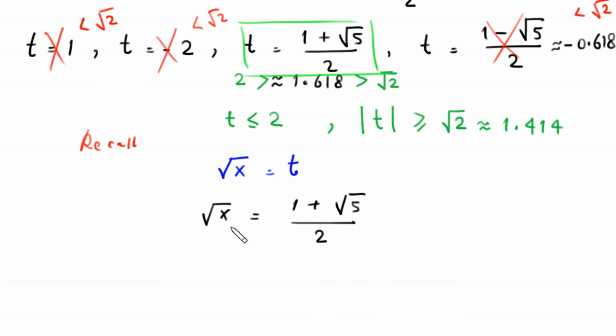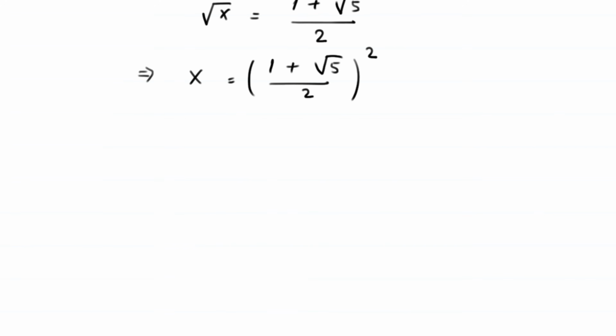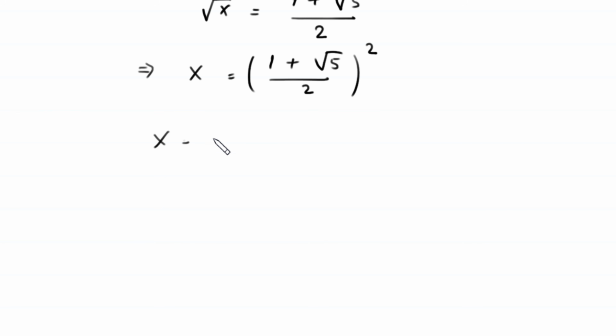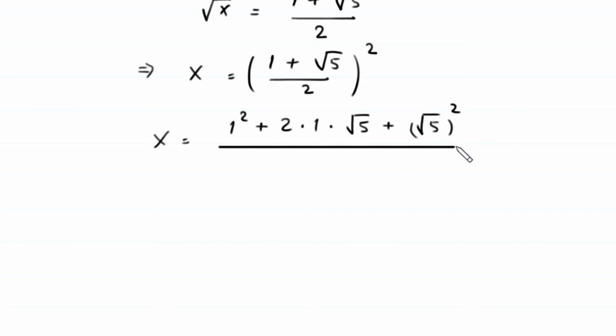When we take the square of both sides, this implies that x is equal to 1 plus root 5 divided by 2, whole squared. So this will become x is equal to 1 squared plus 2 times 1 times root 5 plus root 5 squared, divided by 2 squared.